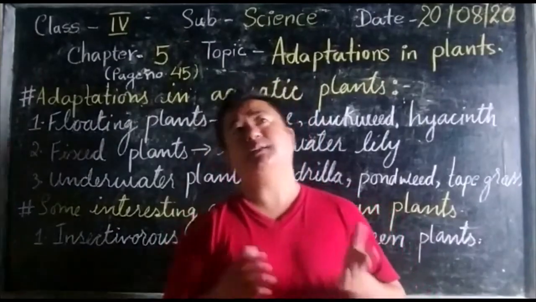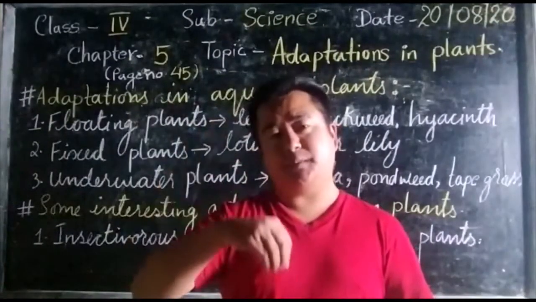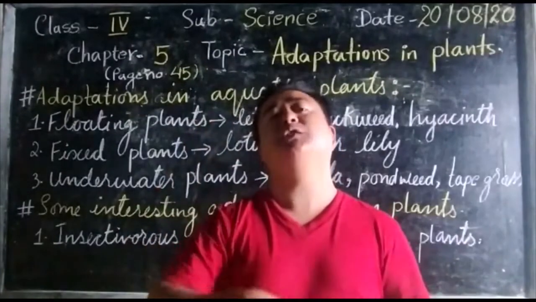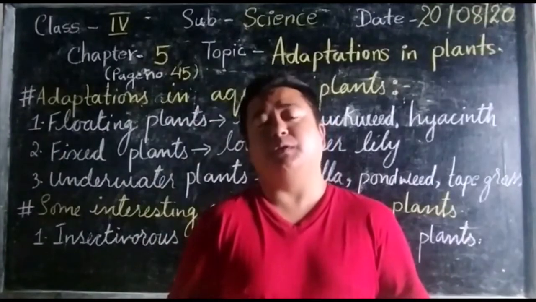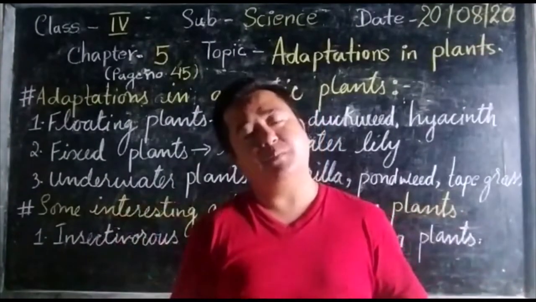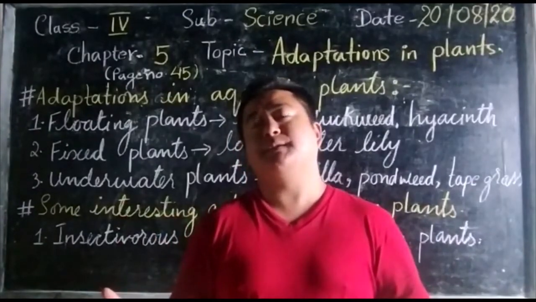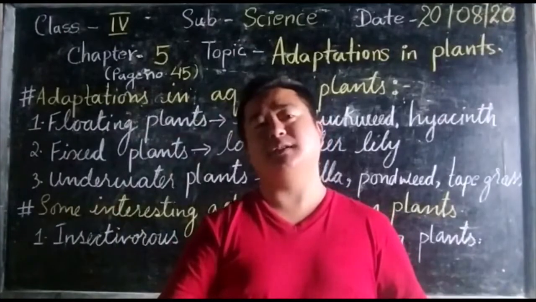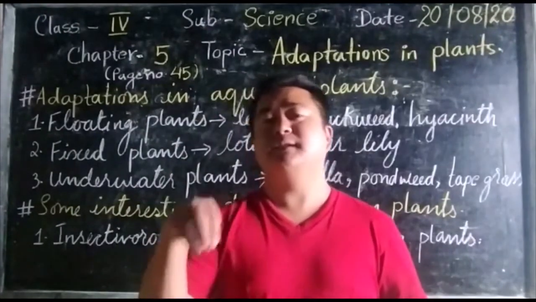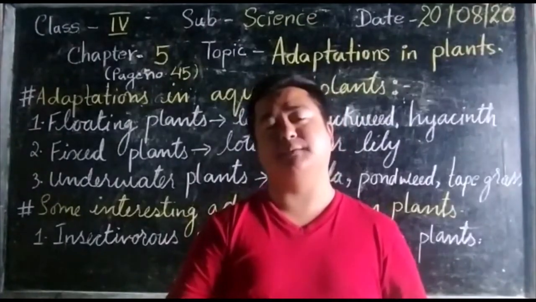And another specialty is that since they are inside the water, they breathe through their own body surface. And since the root is fixed under the ground, they tend to stay and grow in the water itself.